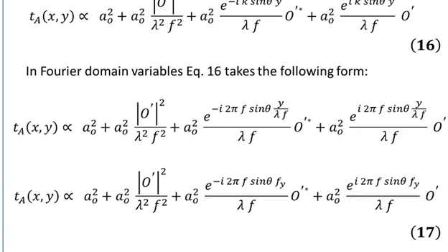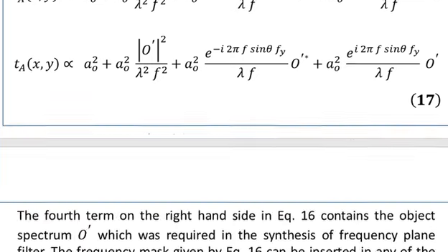As you can see, in the last two terms we have introduced in the exponent y over λf. And you know that y over λf can be replaced by fy, where fy is the Fourier frequency in the y direction, as given in equation number 17. So from equation number 16 we can write the first step and then the second step in equation number 17 very straightforwardly.